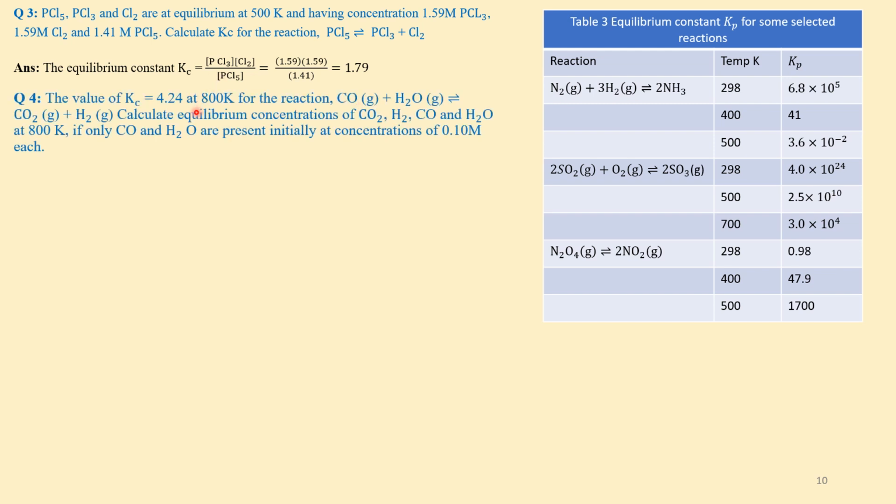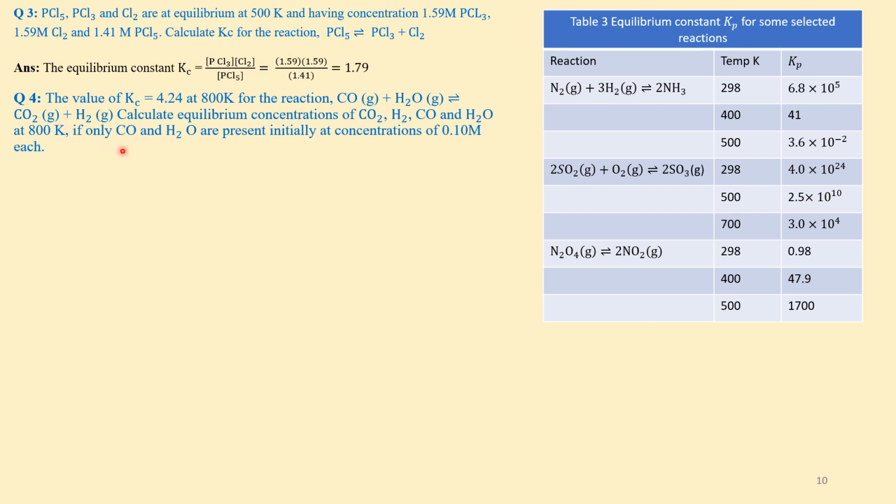The value of Kc is equal to 4.24 at 800 Kelvin for the reaction CO plus H2O, both in gaseous state, forming forward reaction CO2 gas plus H2 gas as products.